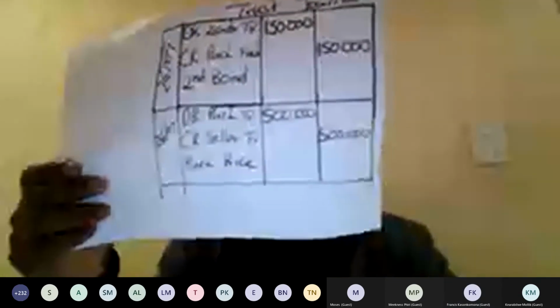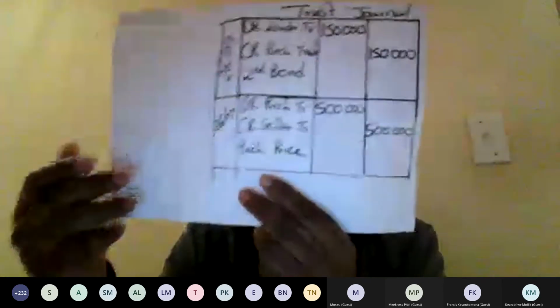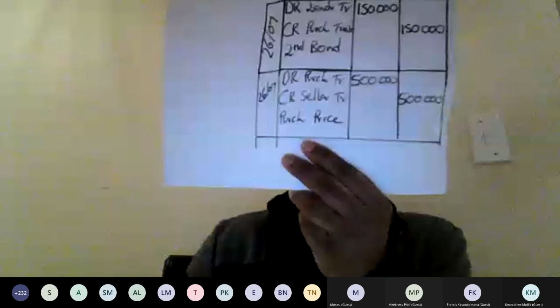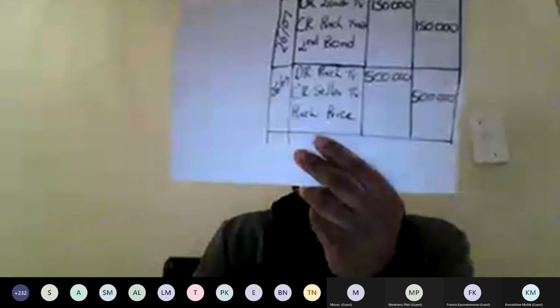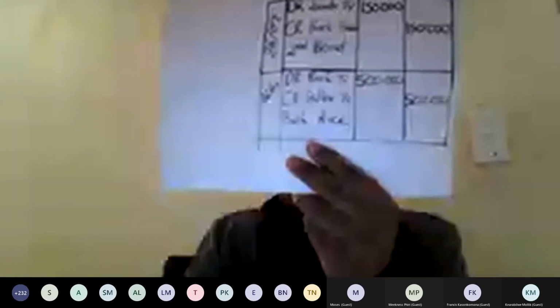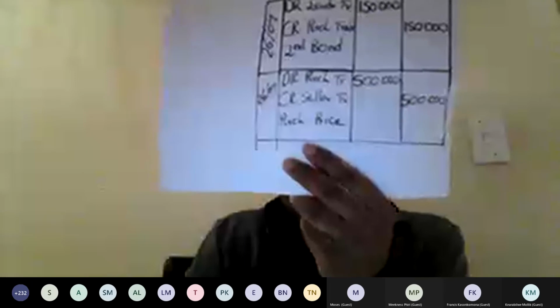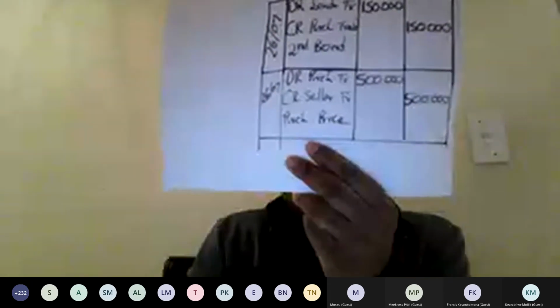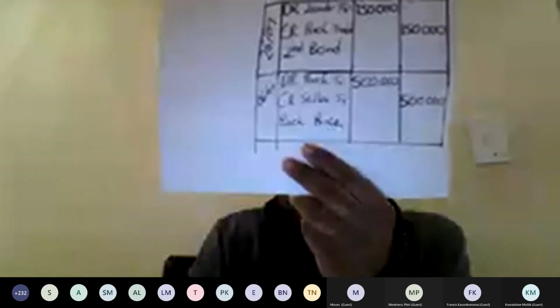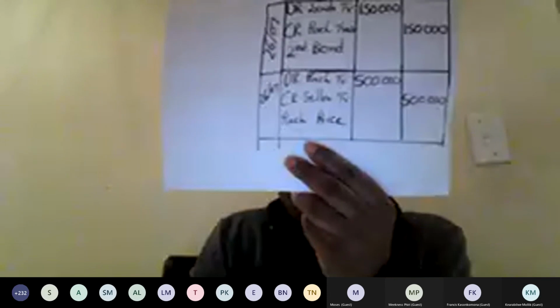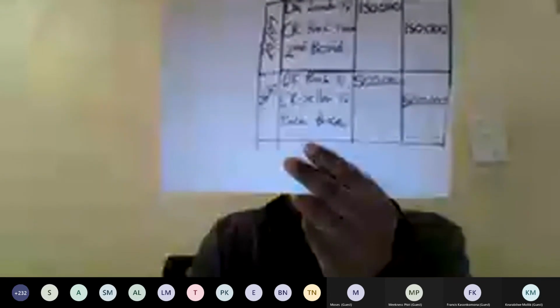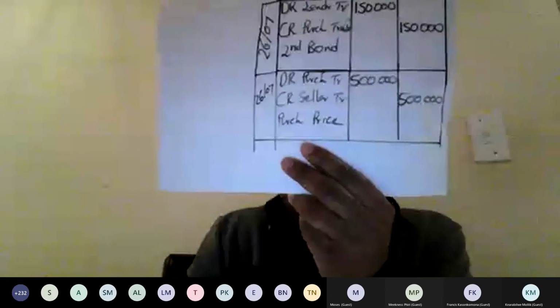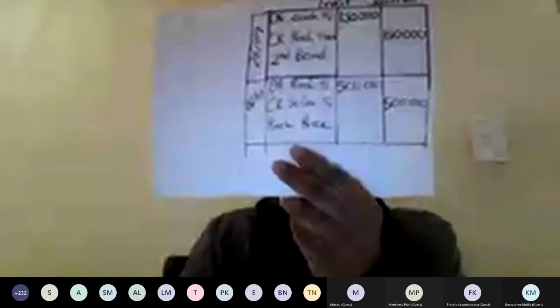It says there, debit the purchaser's trust. Therefore, let's go to the purchaser's trust ledger account and debit with that 500,000 rand. Then you come here on the purchaser's trust, again the date, 26 of 7, purchase price, 500,000 rands, and then you are going to credit the seller.